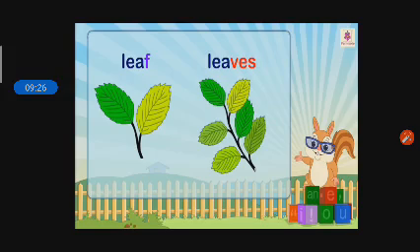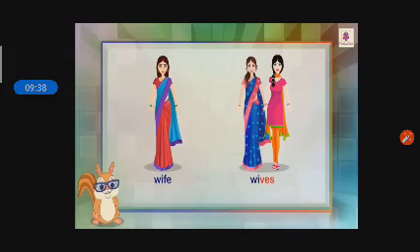LEAF, leaf. LEAVES, leaves. Instead of F, I add VES to make the plural form. Wife, wives. As I told you in my definition, whenever the last letter is F or FE, you have to remove or drop F or FE, and instead of that we have to add VES to make the plural form.